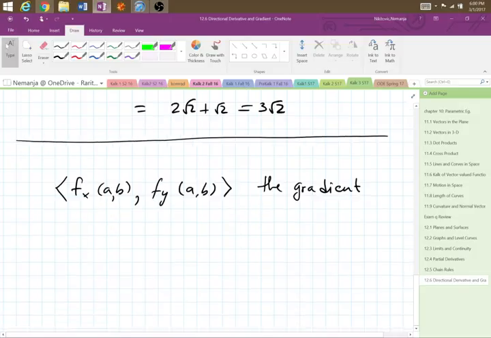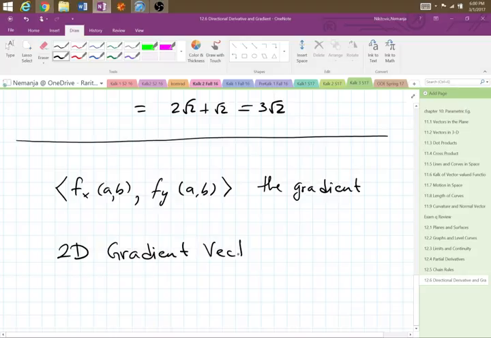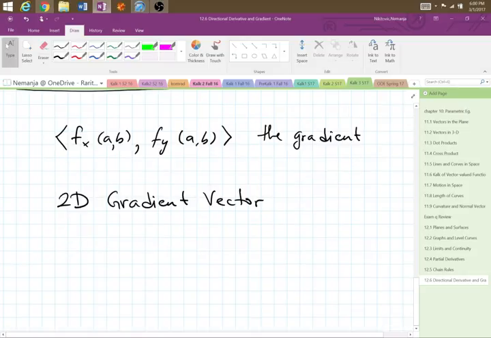And now we're going to define the 2D gradient vector. So the 2D gradient vector looks like this. The notation is this upside down triangle with a little arrow above to denote that it's a vector. In your textbook, they're just going to put the bold triangle.